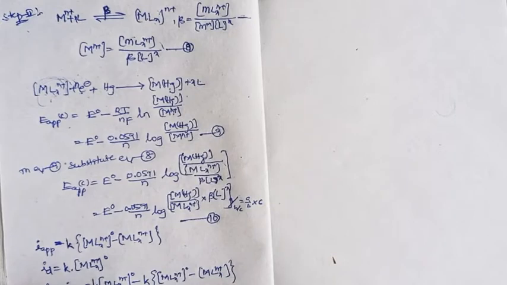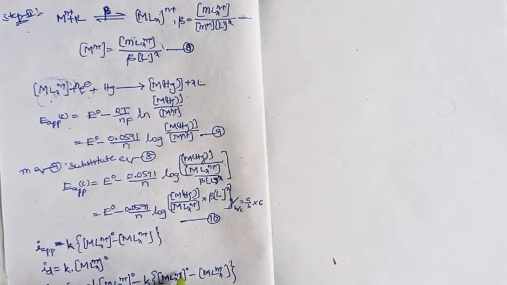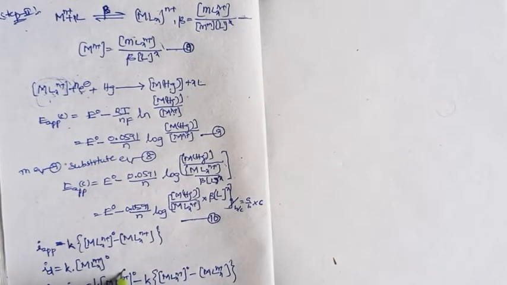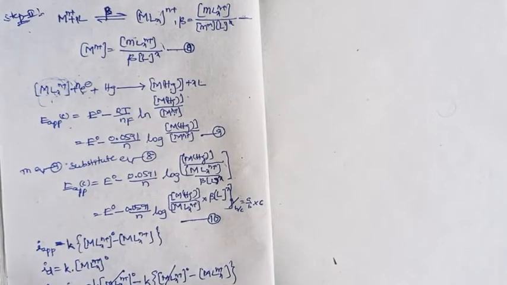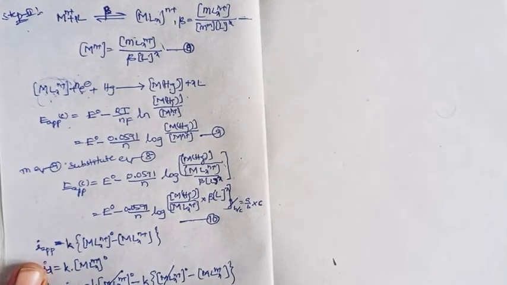Here the plus product of initial concentration and the minus product of initial concentration will get cancelled, and when we enter the minus K, it becomes plus K into the remained metal complex concentration. So the difference between the diffusion current and the applied current equals a constant times the remained metal ion concentration.